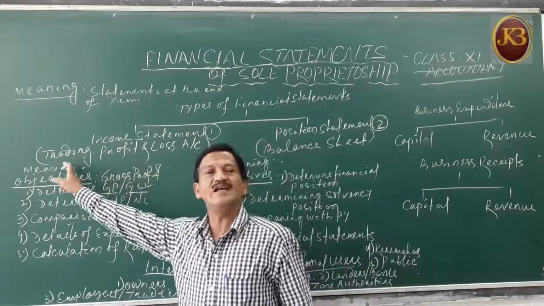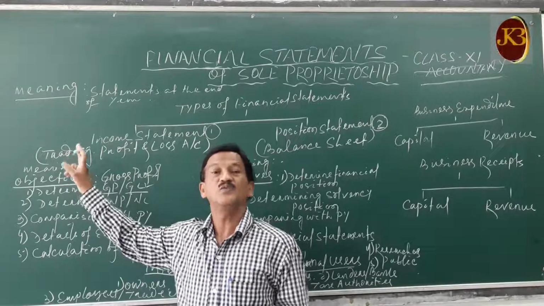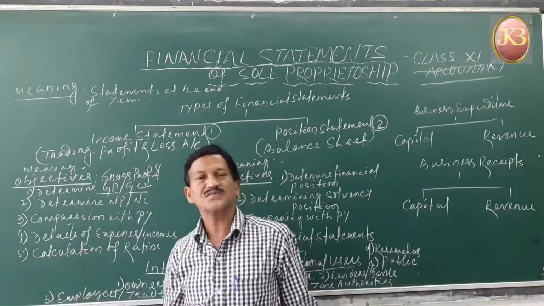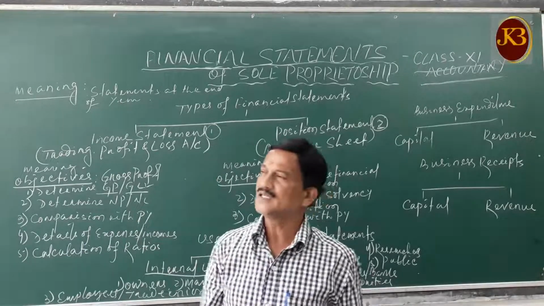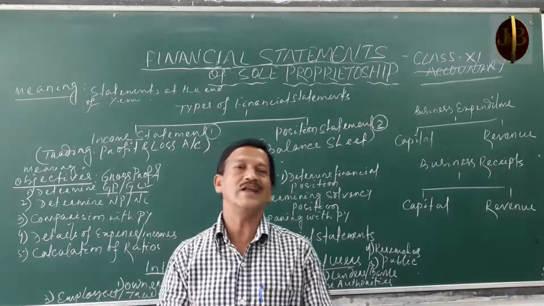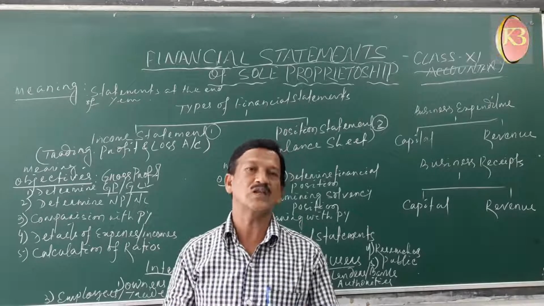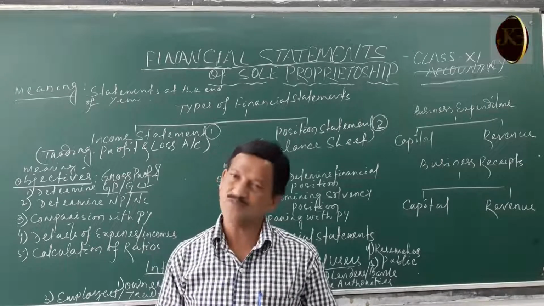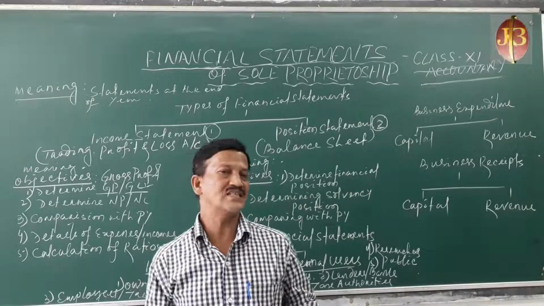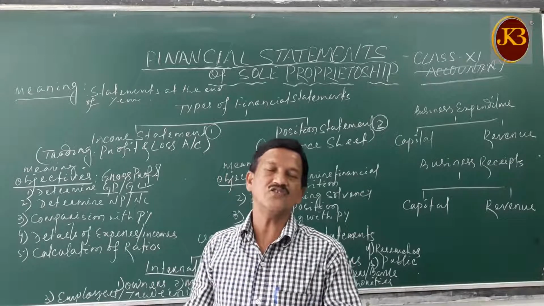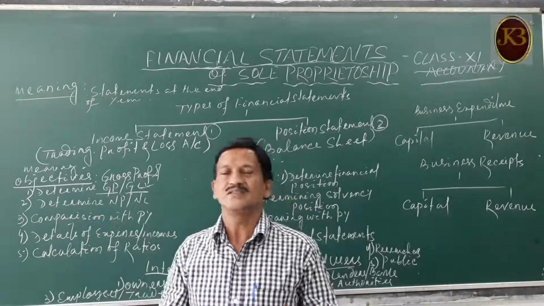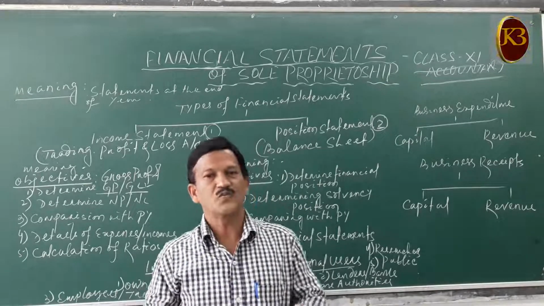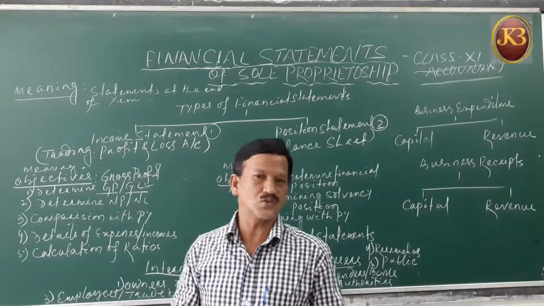The first part, the trading account, is prepared to find out the gross profit or gross loss of the business. Gross profit or gross loss means the overall total profit or total loss from buying and selling of goods and services. If the business is doing manufacturing, then the manufacturing statement is prepared to find out the total cost of goods produced.